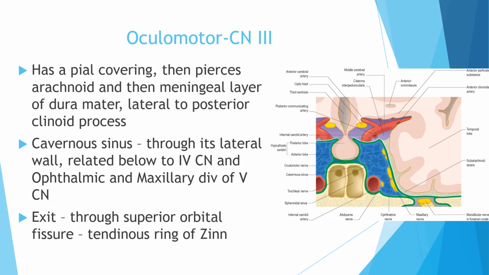So this is showing the oculomotor nerve in the lateral wall of cavernous sinus. Here it is related below to the trochlear nerve and the ophthalmic and maxillary divisions of the trigeminal nerve. It exits through the superior orbital fissure by passing through the tendinous ring of Zinn.